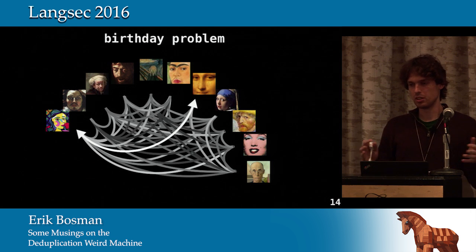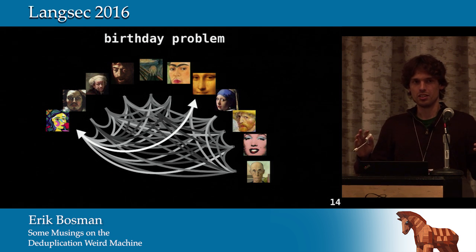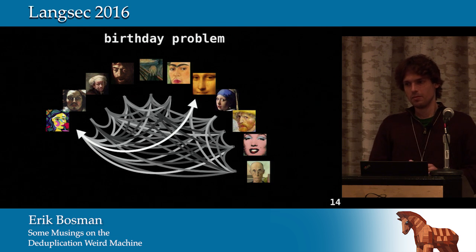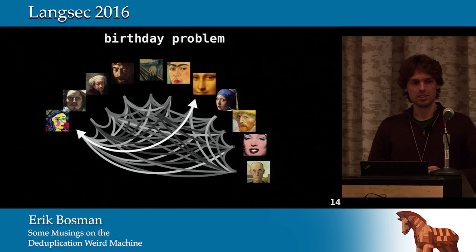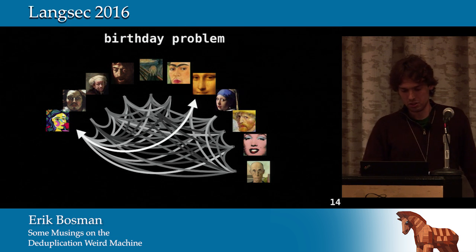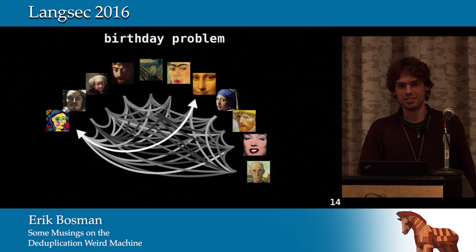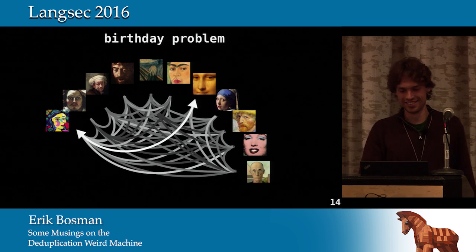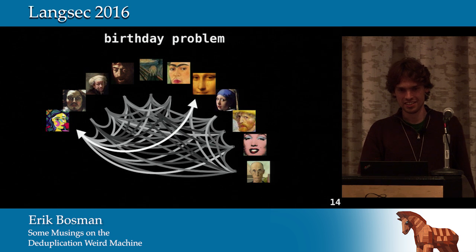The whole mechanism of deduplication is basically compare everything with everything. That's what we abuse in this case. This is your weird instruction: solve the birthday paradox. As those weird machines go, this one's pretty weird.